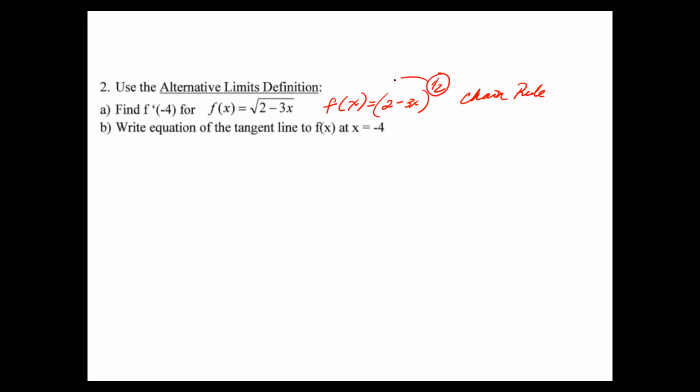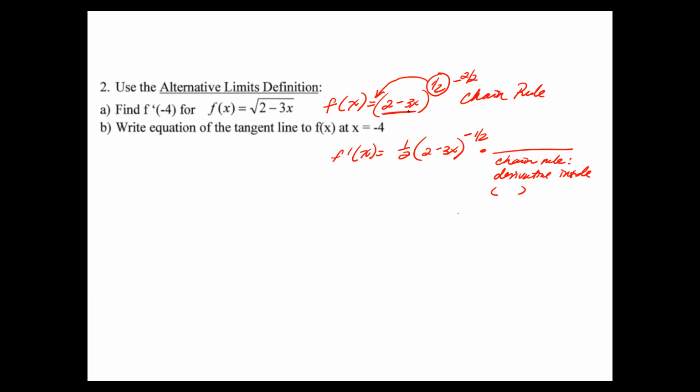So you're still going to apply the power rule, bring down the 1/2. So f prime of x is equal to 1/2, 2 minus 3x, minus a 1 on top, so it's going to be a 2 over 2, so negative 1/2, times, and here's where the chain rule applies. The chain rule basically asks you to find the derivative inside the parenthesis, and that's where the chain is.